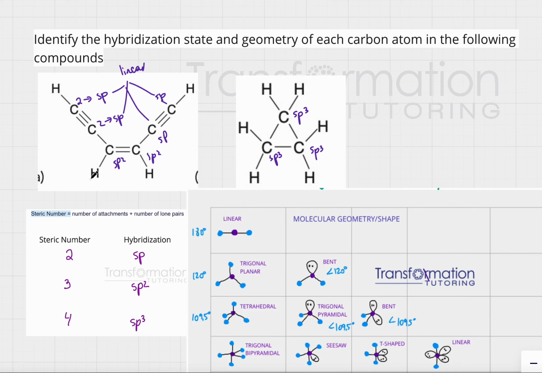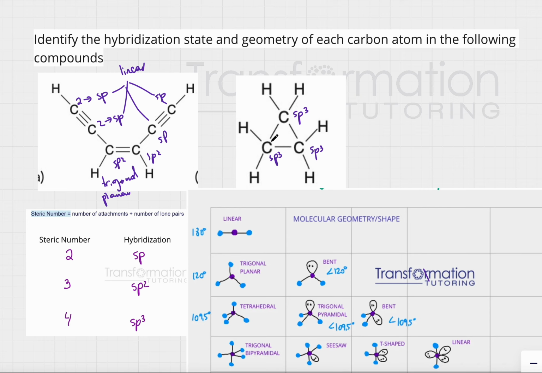This carbon is attached to 3 other atoms and no lone pairs. What happens if I'm attached to 3 other atoms with no lone pairs? This is trigonal planar. Sorry for my handwriting. These 2 carbons are trigonal planar.